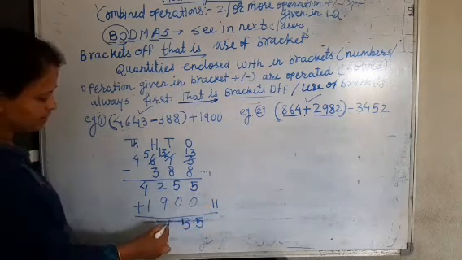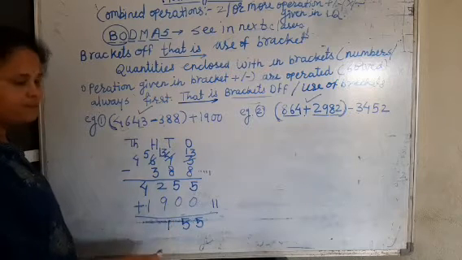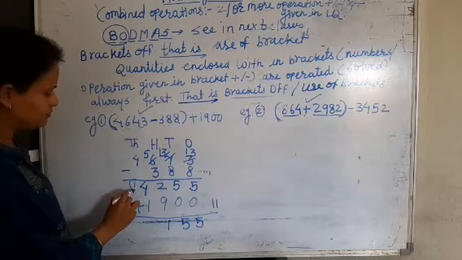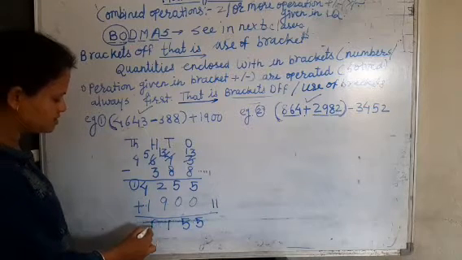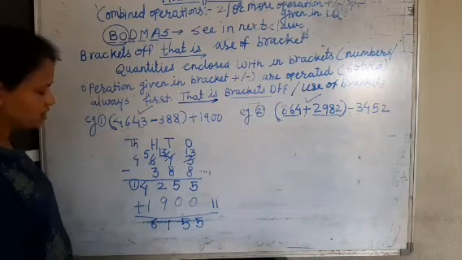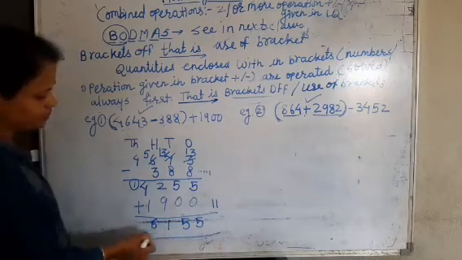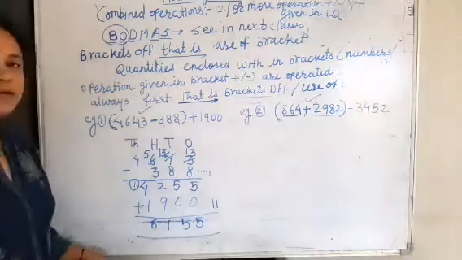We got 11, so we write one here and carry one to the next column. 4 plus 1 is 5, plus 1 is 6. So we got the answer 6155.